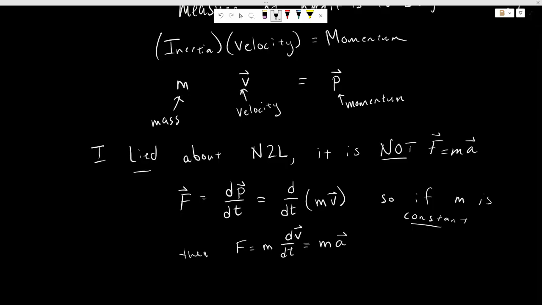So I sort of lied to you, but I sort of didn't lie to you. F equals ma is Newton's second law, but only if the mass is constant with respect to time, which like 99.9% of the time in this class will be true.